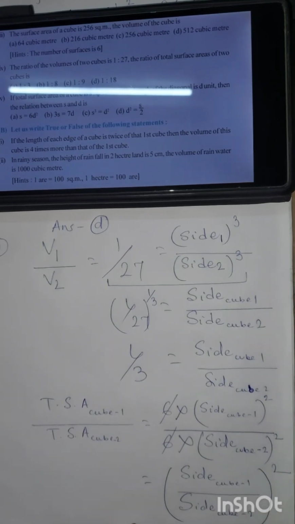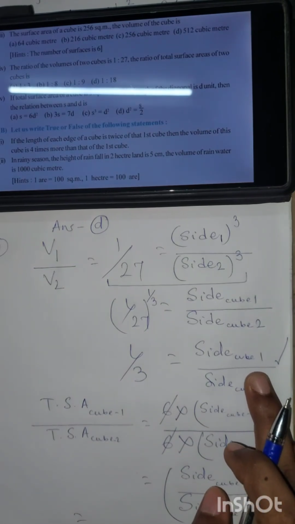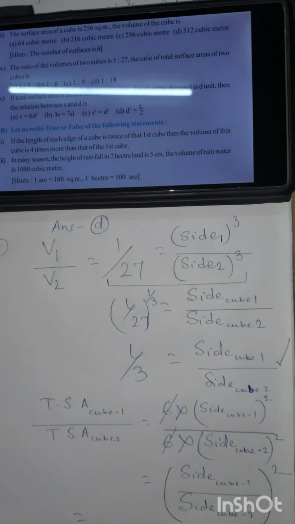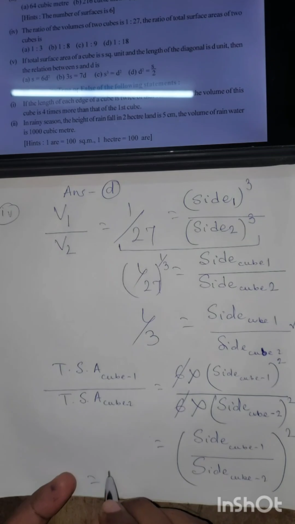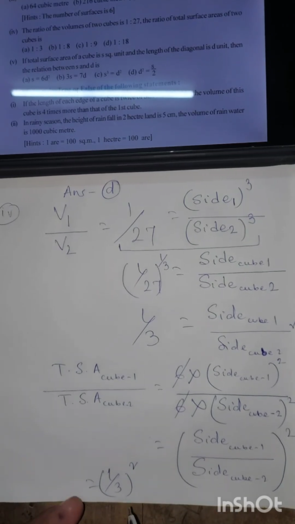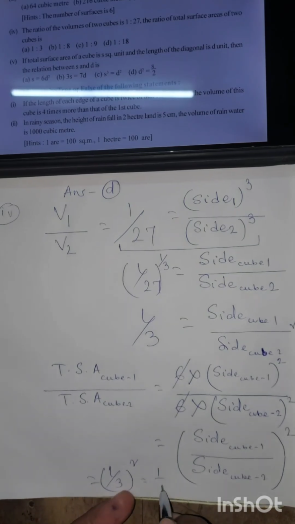Now we have determined the ratio of side of cube 1 by side of cube 2, that is 1 by 3. So we can put this value here. So this gives us 1 by 9.